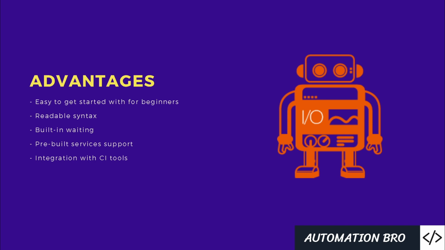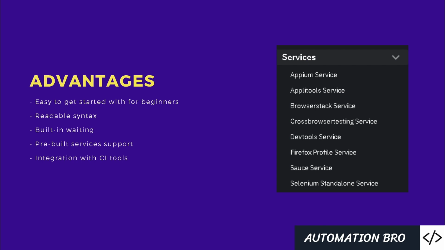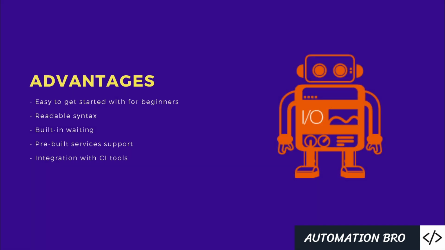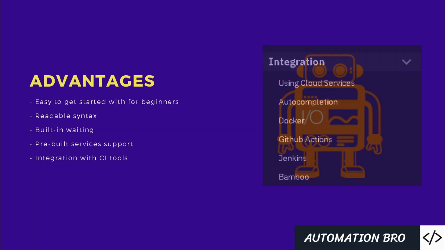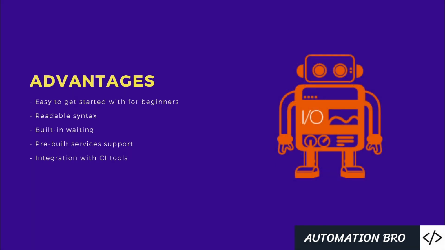So for example, if you need to set up your test with BrowserStack or Sauce Labs, you can do that by using one of the existing services and get everything set up within minutes. And there are a lot of community built services with WebDriver IO to help you get your tasks done smoothly. It also has great integration with popular CI tools such as Jenkins, Bamboo, Travis, GitHub, and so on. And they also have great documentation on how you can get started with each one of them.